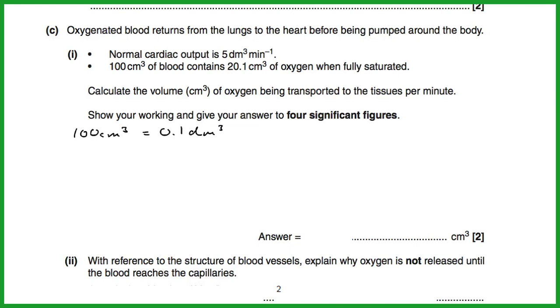Therefore, there would be 50 lots of 100 centimeters cubed in 5 decimeters cubed. So there would be 50 times 20.1 centimeters cubed of oxygen, which would give us the answer of 1005 centimeters cubed of oxygen.